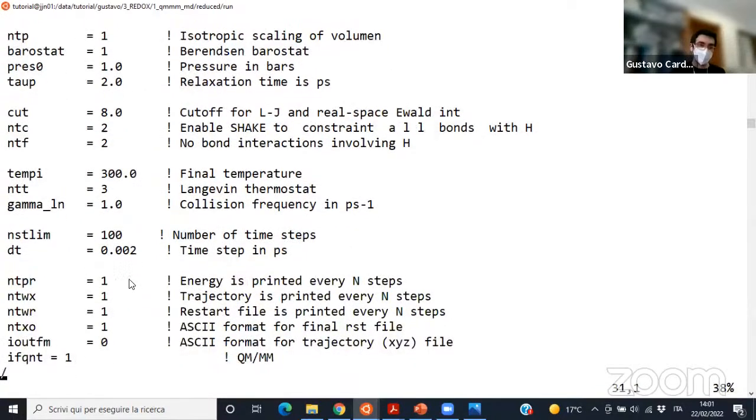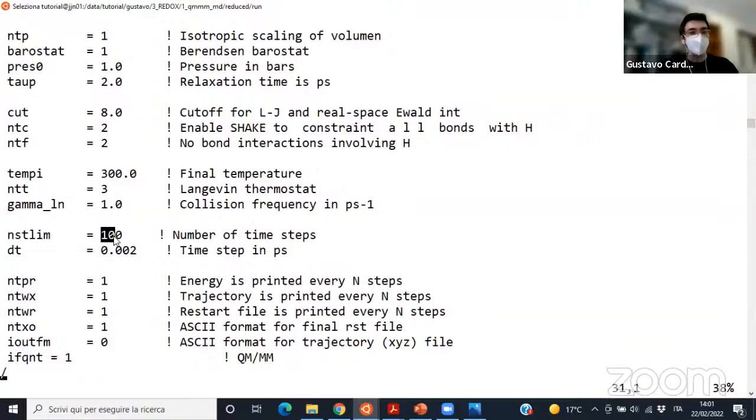One important thing here, look at the NSTLIM, which is the number of time steps we're gonna perform. So we're gonna perform just 100 time steps. Why is that? Well, this is QMMM. So whenever you do quantum mechanical calculations, they're going to be far more expensive than molecular dynamics calculations. We're going to see this in a while. We're going to compare the simulation times of the MD and the QMMM.